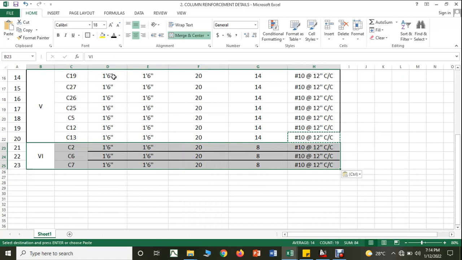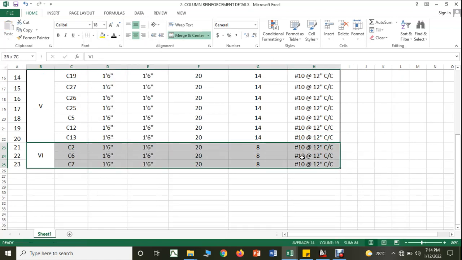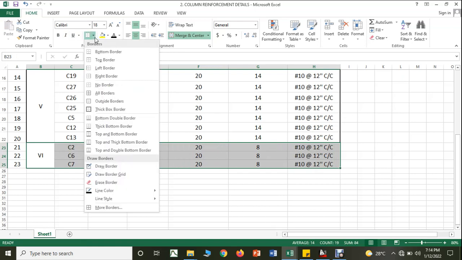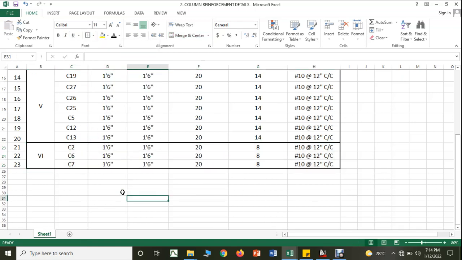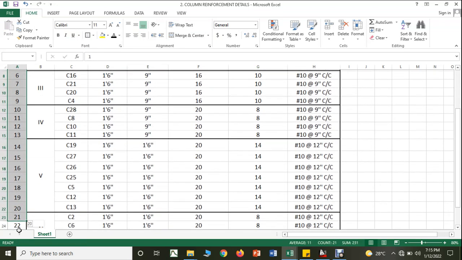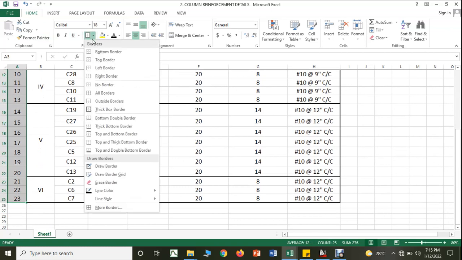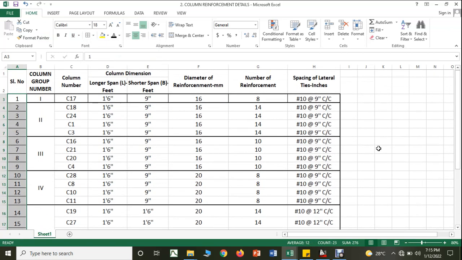Right, so these are the six groups of columns that you can expect.